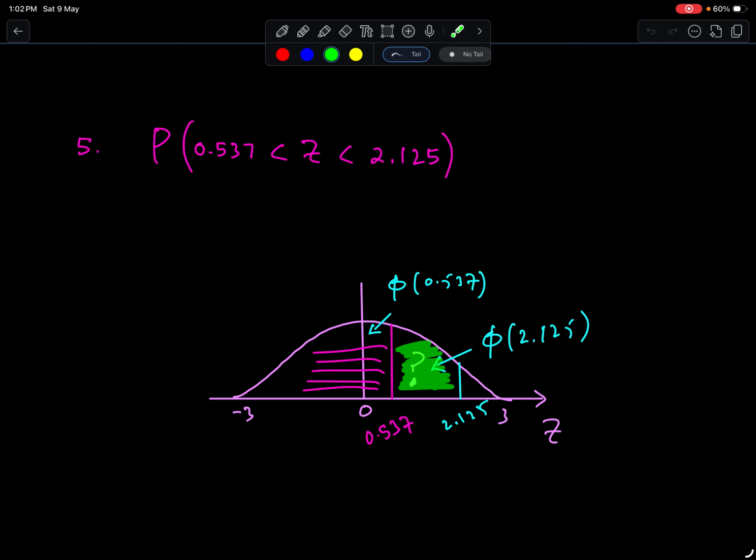So for this area, first get this total area, then get this area, and then subtract. Suppose this area is A and this area is B, then you should write A minus B for this area. So phi of this minus phi of this.